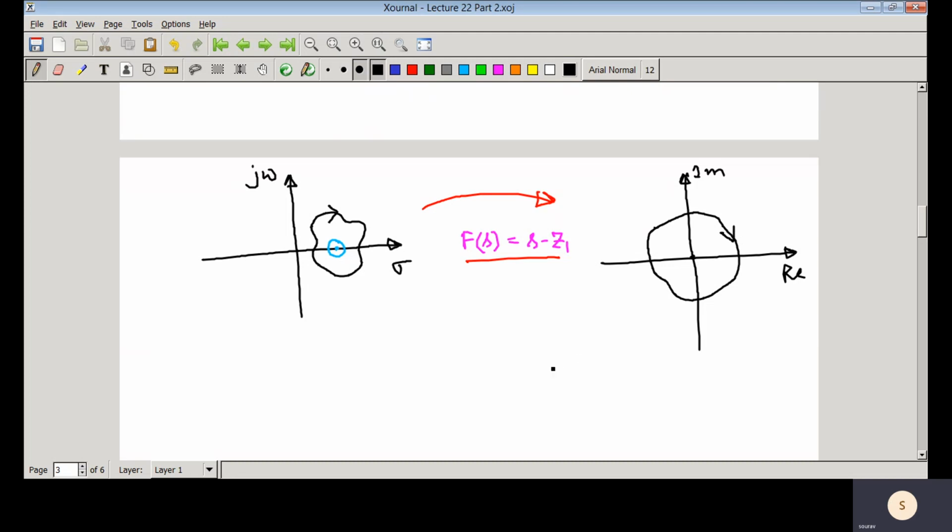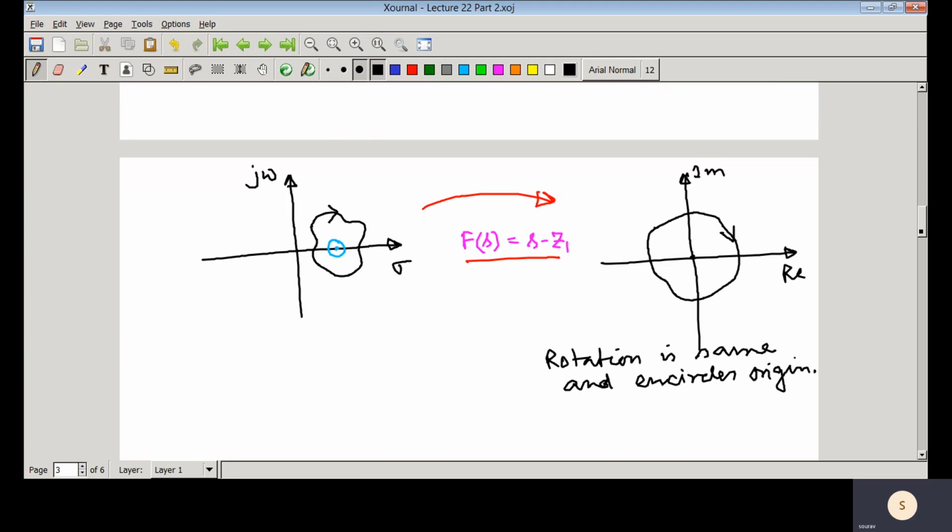So here we can see that the rotation is the same and it encircles the origin. So what is the difference?